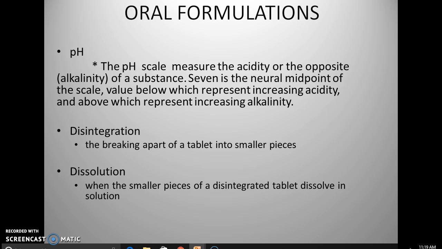Again, disintegration and dissolution are one reason why a liquid dosage form passes through the system much faster, or is absorbed much quicker, than a solid form, because in many cases a solid form must undergo disintegration, or breaking apart of the tablet into smaller pieces, and dissolution, when those smaller pieces of the disintegrated tablet dissolve into solution.